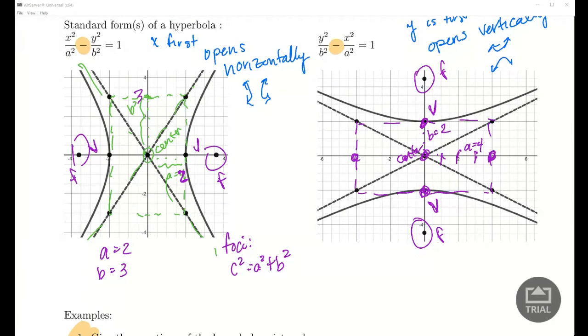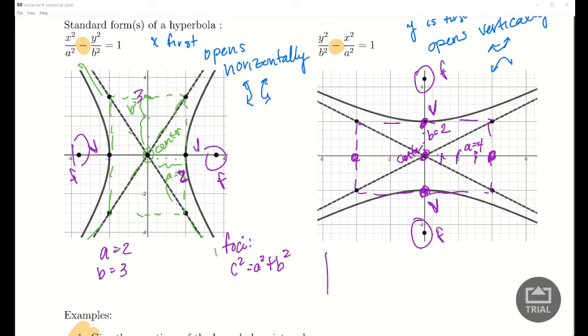Remember, for an ellipse, for the foci, C squared was A squared minus B squared, or B squared minus A squared, whichever one was bigger first. Notice the minus sign in that for an ellipse. Standard form has a plus sign for an ellipse, and for the foci, you get a minus sign. The exact opposite is true for a hyperbola. In the standard form of a hyperbola, we have a minus sign, so when we're talking about the foci, it's going to be a plus sign.